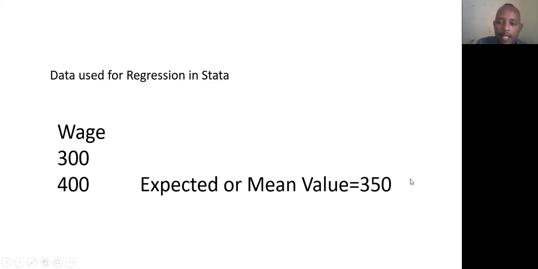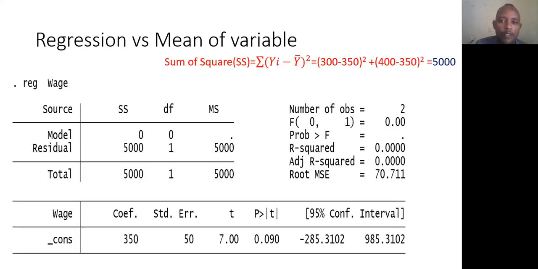Then let us compare this mean value, or expected mean value, with the result of the regression of such a variable. Look at here, the regression of such a variable is itself. Regressing one variable gives us such output.